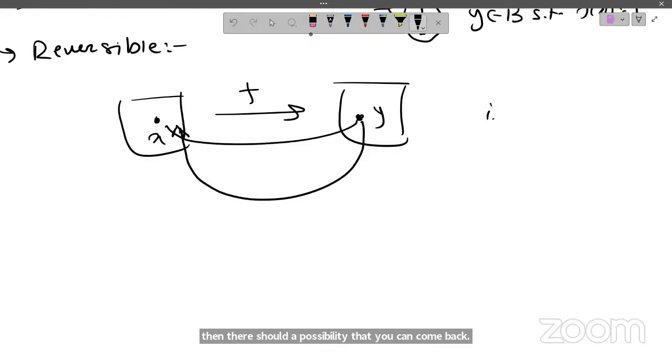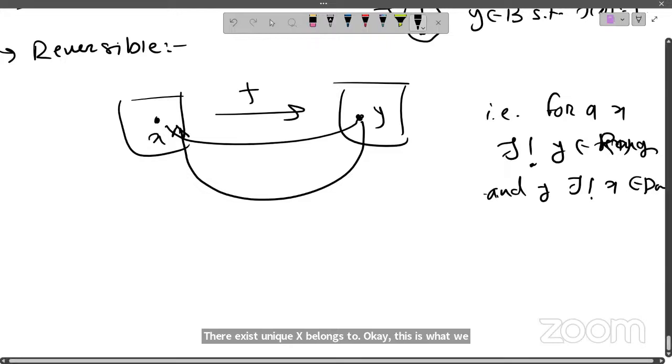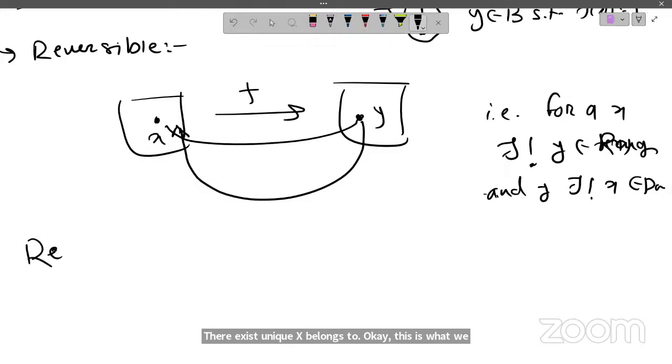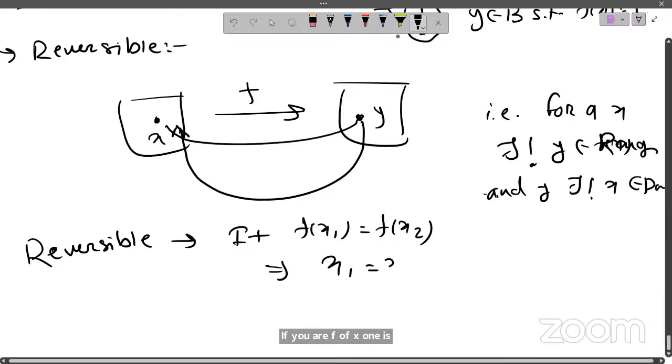So for x, there exists a unique y belongs to the range, and for a y there exists a unique x belongs to the domain. So a reversible function is defined in this way: if f of x1 is equal to f of x2, then it should happen that x1 is equal to x2.